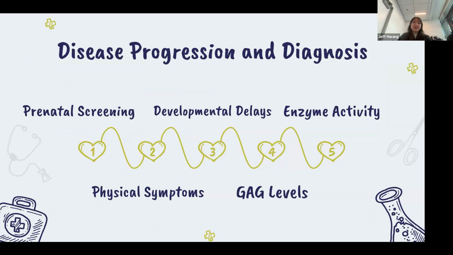In this slide, I'll be talking about disease progression and diagnosis. So for some cases, this can be picked up through prenatal screening, like genetic testing, if family history is known. But babies usually look completely normal at birth. After about 12 to 24 months, physical symptoms start showing, like a change in facial features as well as other symptoms.